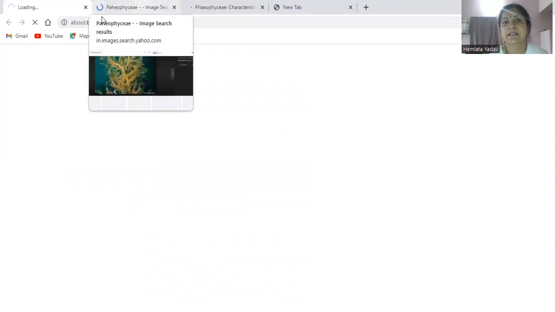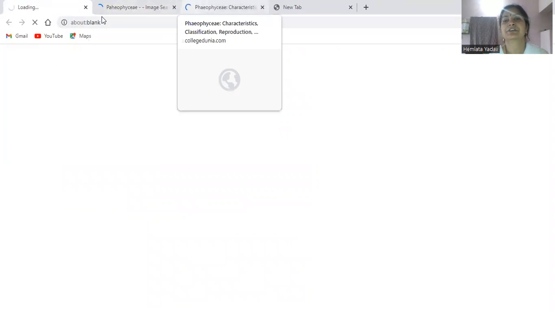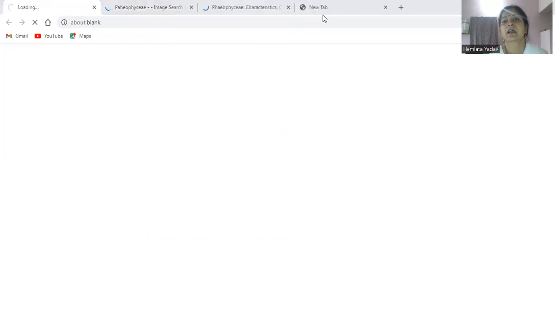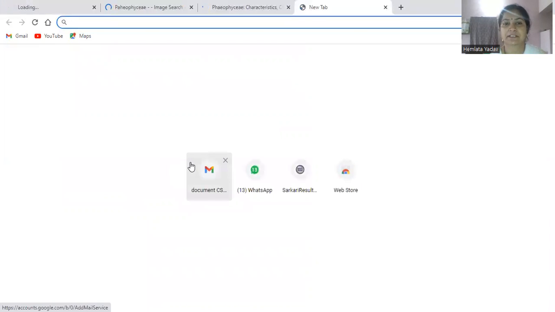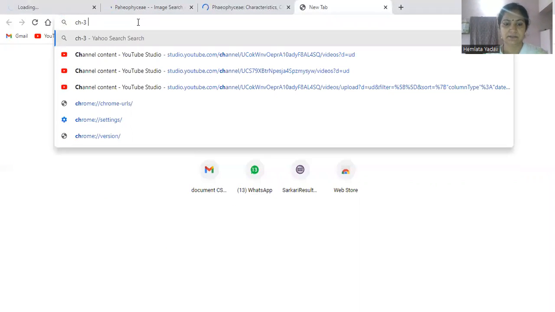In the NCERT, the general features of Phaeophyceae are given, and then there is a table which shows the difference between all three divisions of the Thallophyta, which are Chlorophyceae, Phaeophyceae, and Rhodophyceae. So I will also search chapter 3 of NCERT.